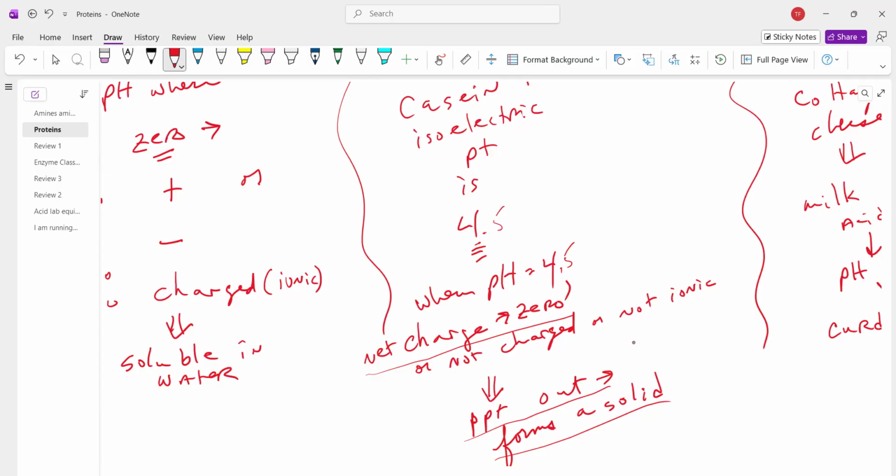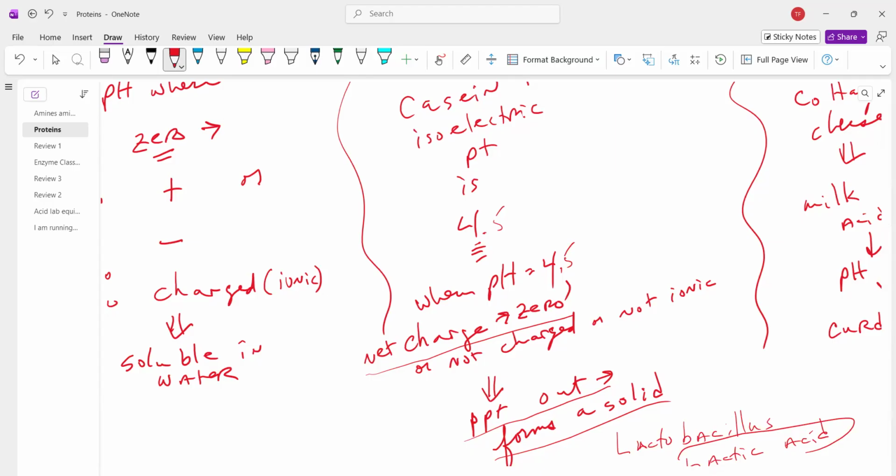And the reason why lactobacillus bacteria are called lactobacillus is because it makes lactic acid. The more lactic acid you have around, the pH keeps getting lower and lower and lower.